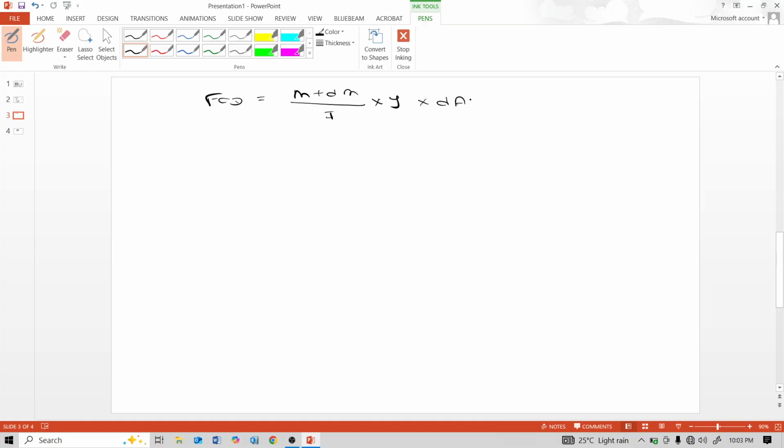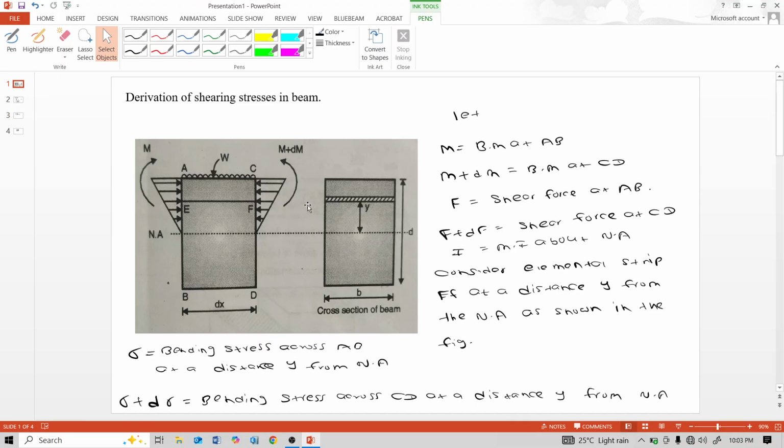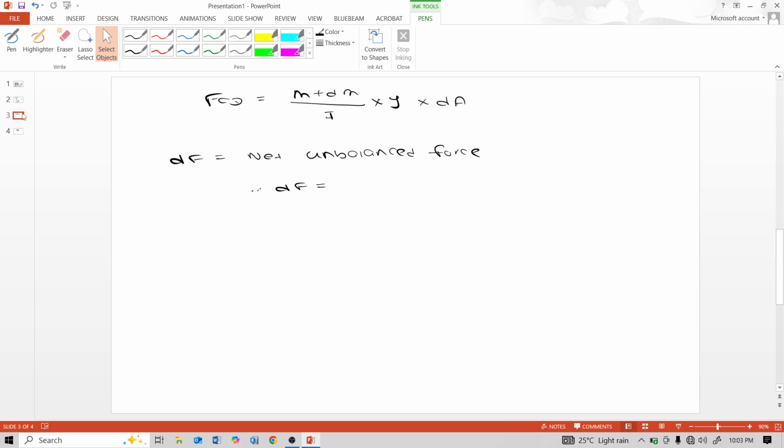So dF is equal to the net unbalanced force. Therefore, dF is equal to the force on CD minus the force on AB, greater force minus smaller force. The force on CD is greater and the force on AB is smaller.